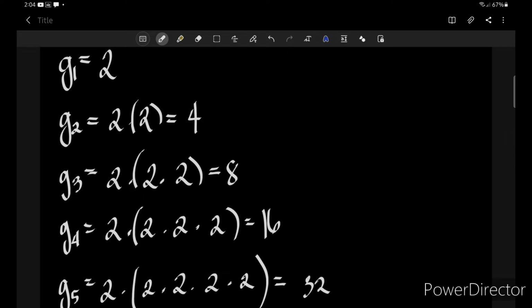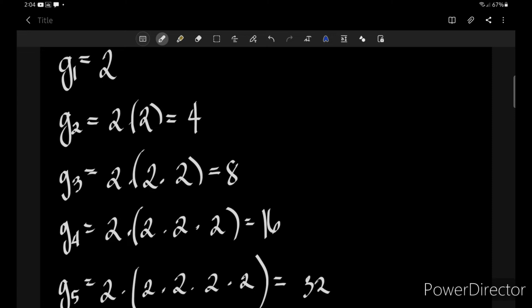Now, kung palalakihin natin yung subscript, let's say 100, so we have g sub 100, hindi natin kayang ilista ito ng manual, no? Or mano-mano. So, 2 times 2 times 2 times 2 times 2 up to 100. That's why we are trying to make some notation or yung tinatawag nating exponents, no? Para mas maging simple yung ating expressions.